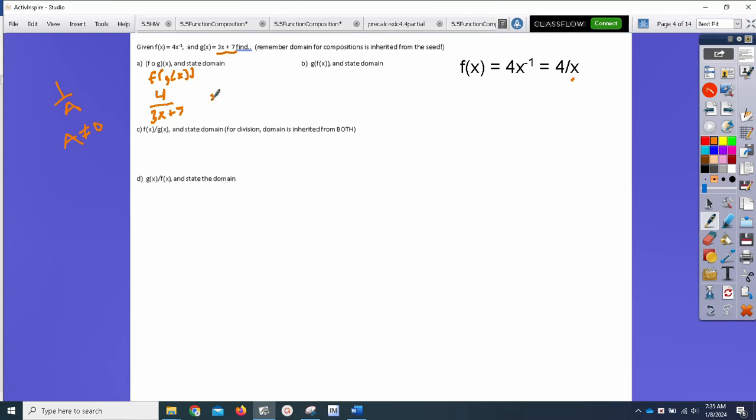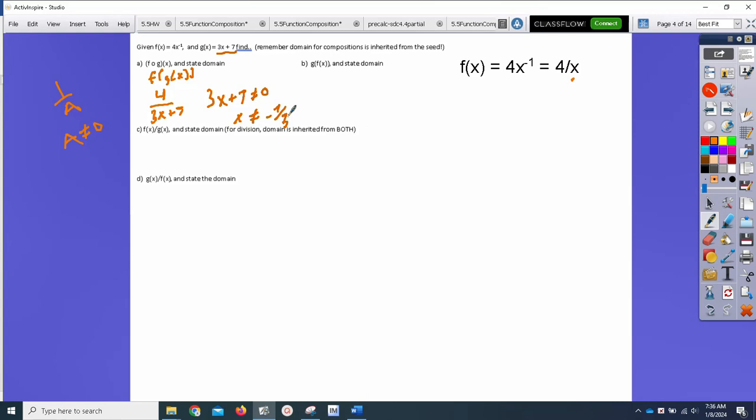So 3x plus 7 is not 0. x cannot be negative 7/3. There we go.